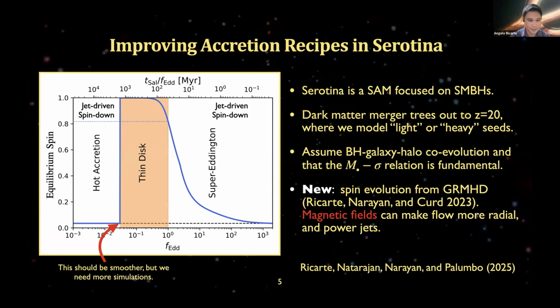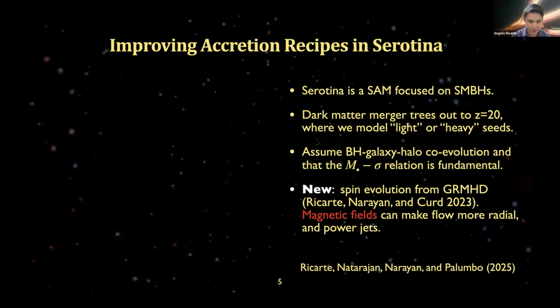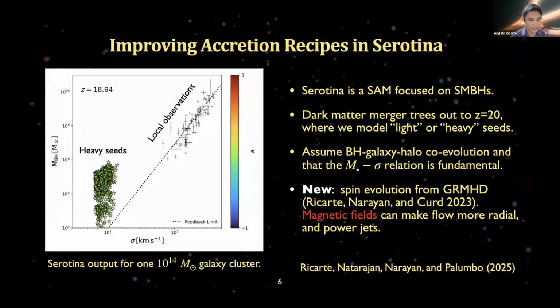So what I did in the paper this past year was put this into a semi-analytic model that I've developed called Serotina, where we initialize black hole seeds with spin 0 at redshift of 20 to 15. And what you're looking at here is the evolution on the M-sigma relation, one of these that Chung-Pei mentioned earlier today.